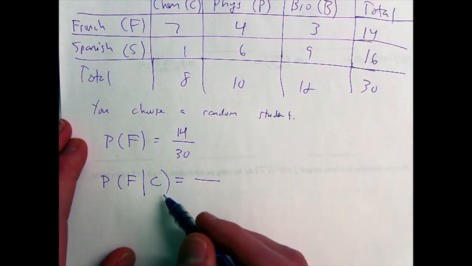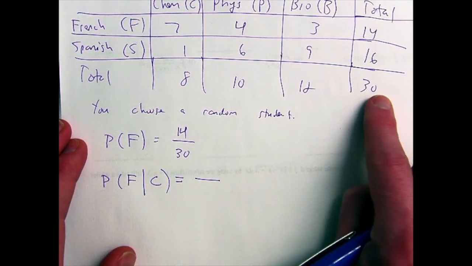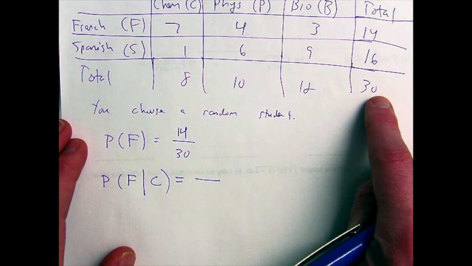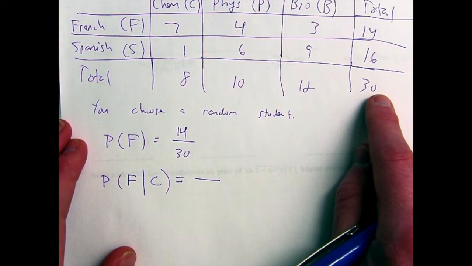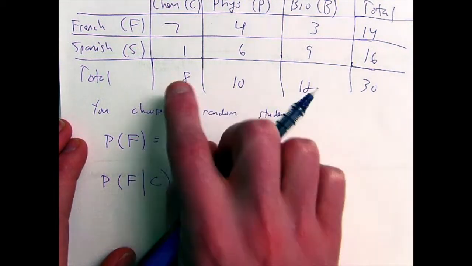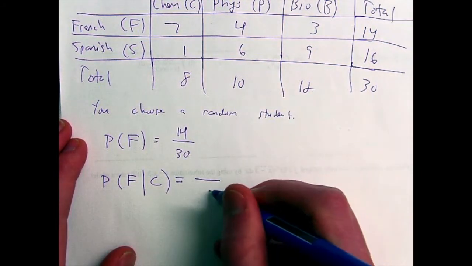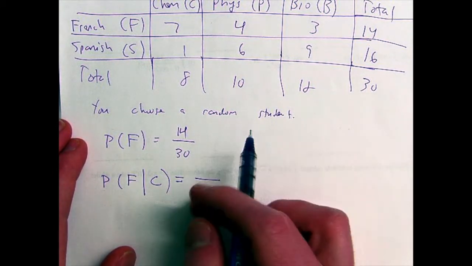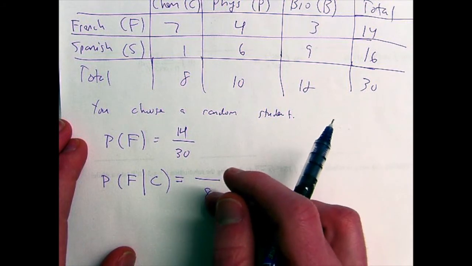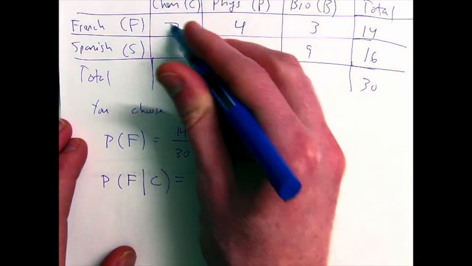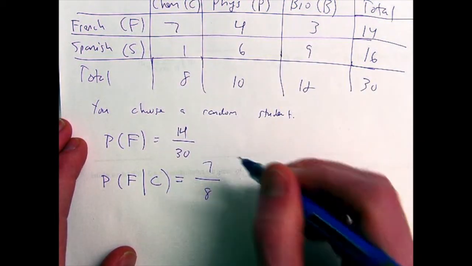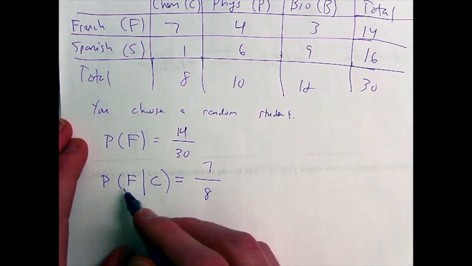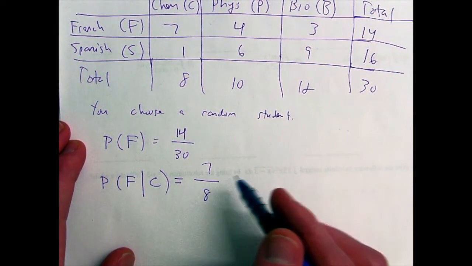So we're no longer choosing from the entire group of 30 people, but rather just from the people who study chemistry, of which there are only 8. Out of those 8, how many of them study French? That would be 7, right? So the probability that someone studies French, given that they study chemistry, is 7/8.